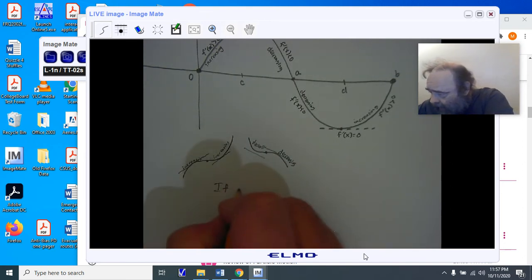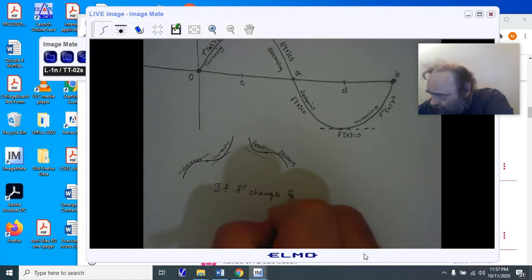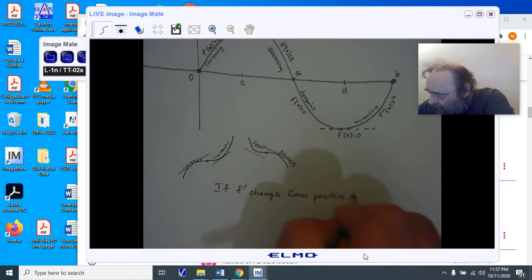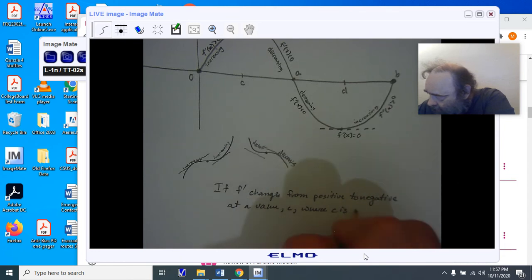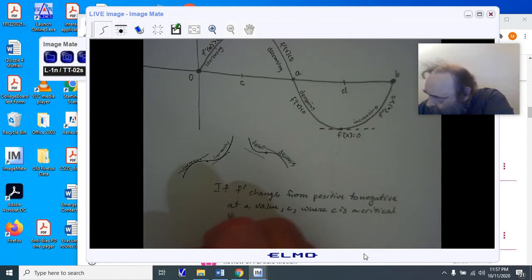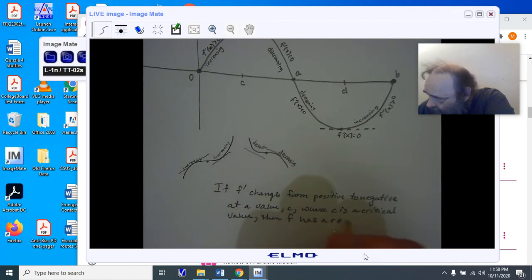If f prime changes from positive to negative at a value C, where C is a critical value, then f has a relative maximum.